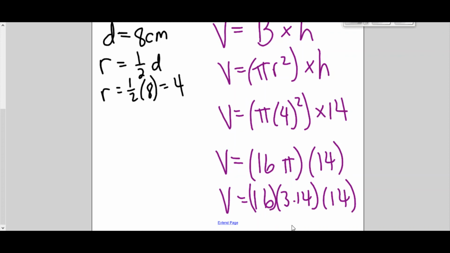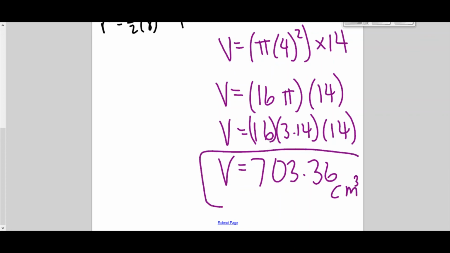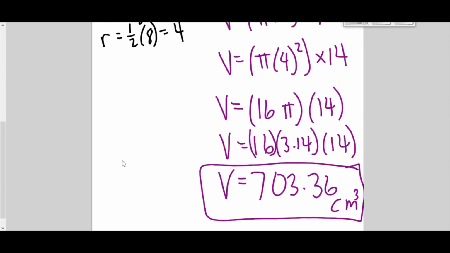When you multiply those three together, you get that the volume is 703.36, and this was centimeters cubed. So this is your volume for that cylinder. If you need to, go ahead and take a minute and copy that down.